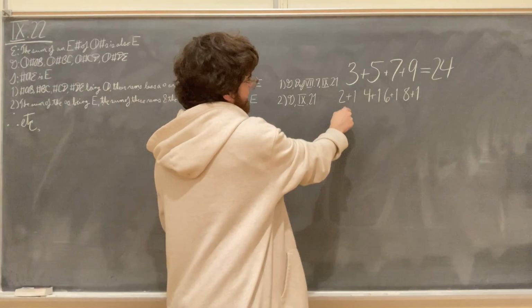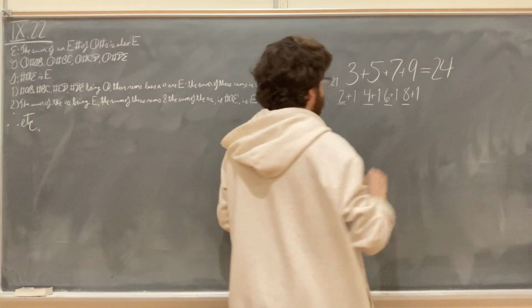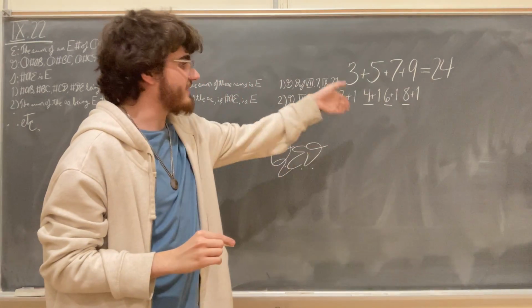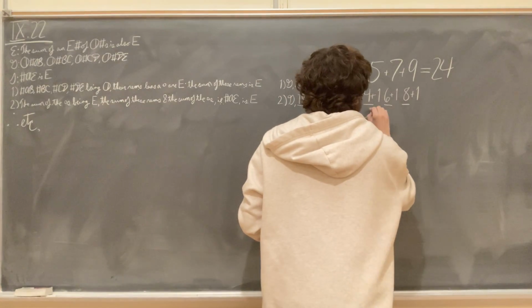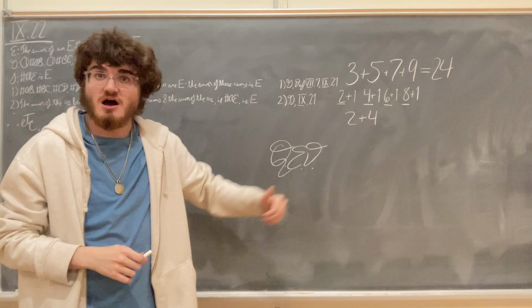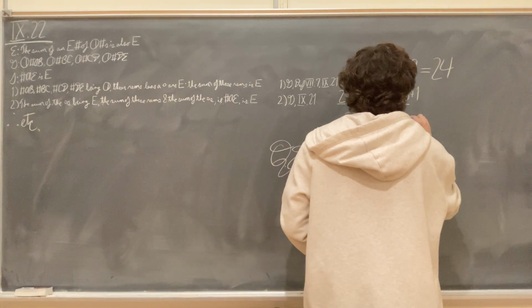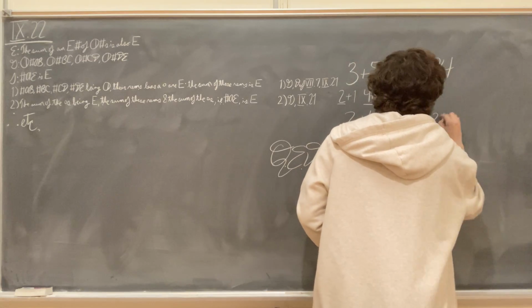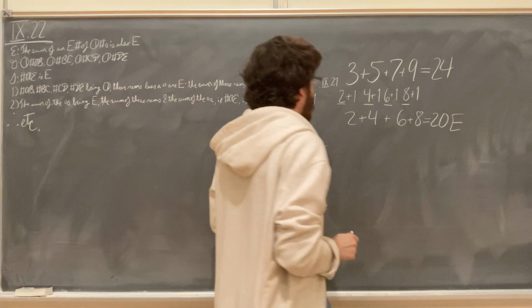So if we add these numbers, 2 plus 4 plus 6 plus 8, we know from proposition 9.21, because each of those is an even number, that their sum, which is the number 20 in this case, is also an even number. So this right here is an even number.